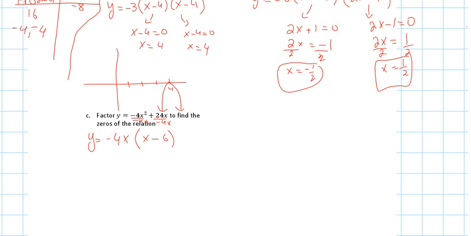What are my zeros? x equals 6, and then x equals 0. And why is that? Because there is -4x also there. So -4x equals 0, and if we divide it by -4, it's still going to be 0. So x equals 0, and x equals 6.